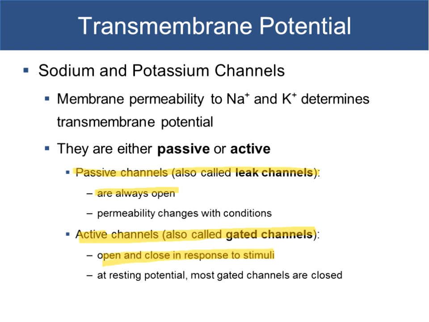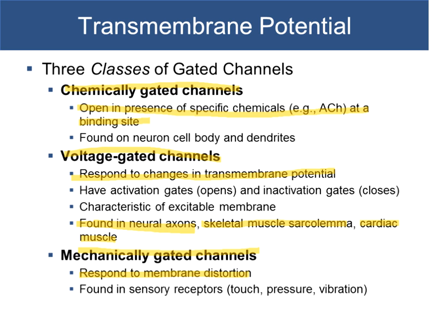So if this active channel were always open, then you'd always be away from negative 70 millivolts. So these channels stay open or closed. When it's time for us to get back down to a resting potential, that's when the potassium gated channels will open up. So when we're at resting potential, most of these gated channels are closed, both for potassium and for sodium.